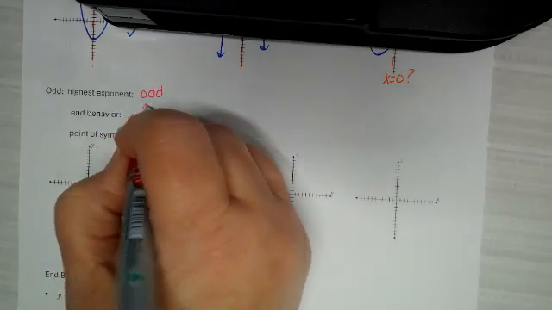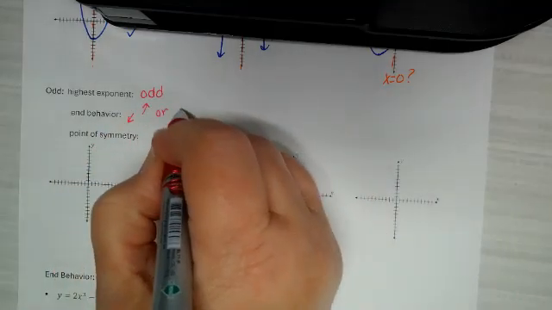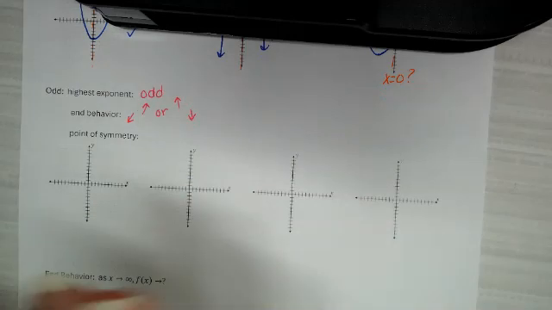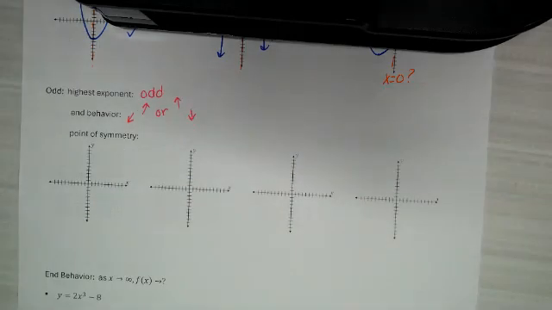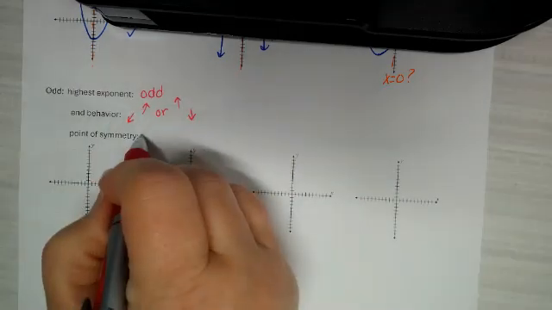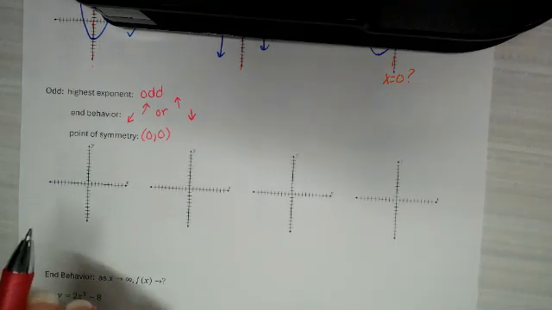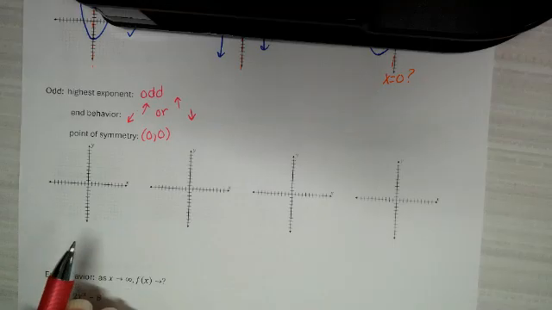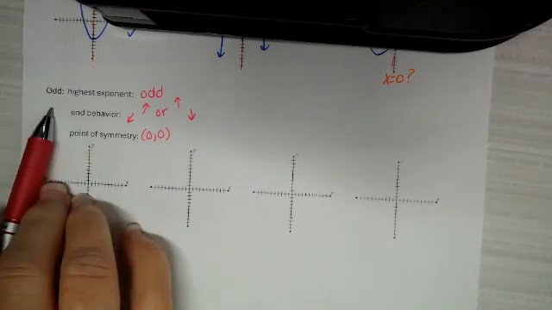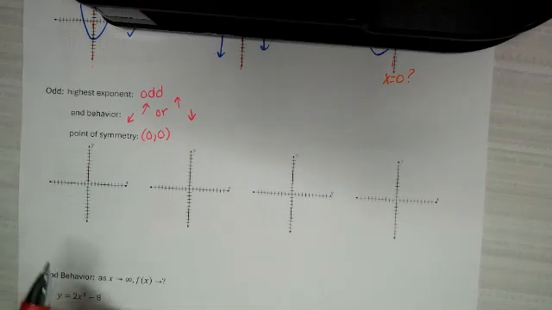So maybe it goes down, then up, or it might go up first, then down, but they go opposite directions. And an odd function has a point of symmetry at 0, 0. So if it's an odd function, it has to go through 0, 0. It can still have an odd degree, but it's not an odd function unless it goes through 0, 0.